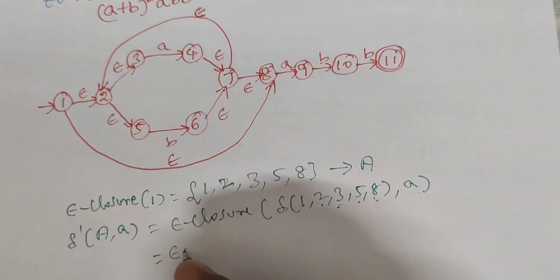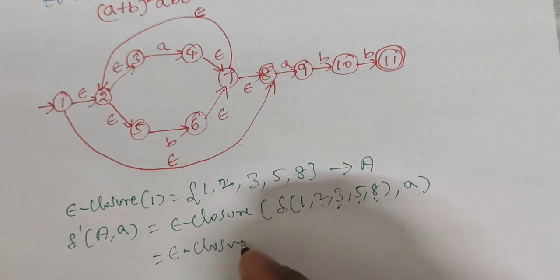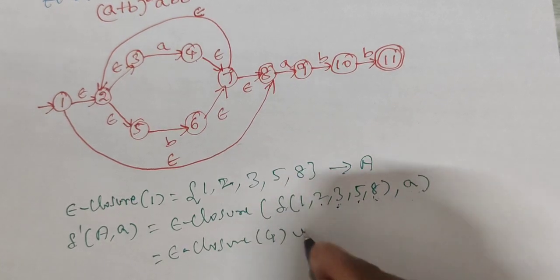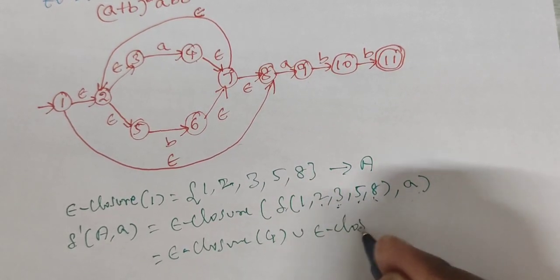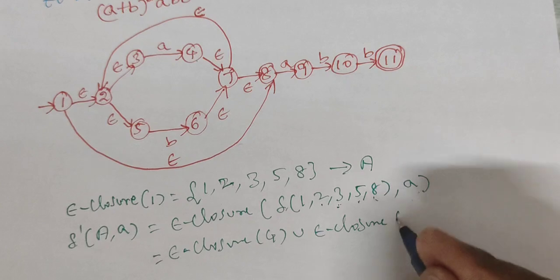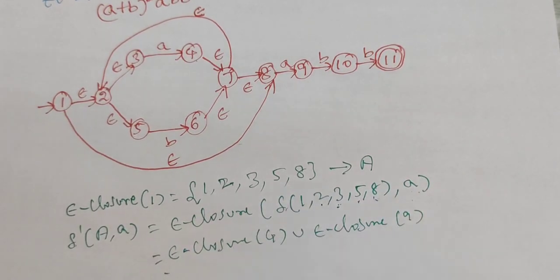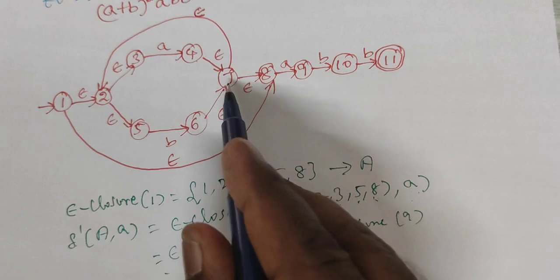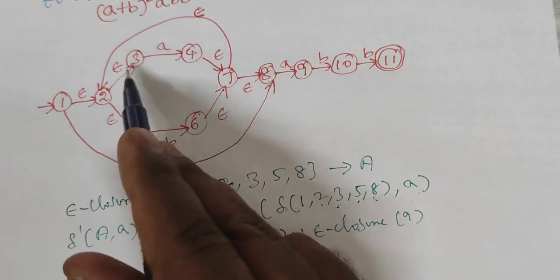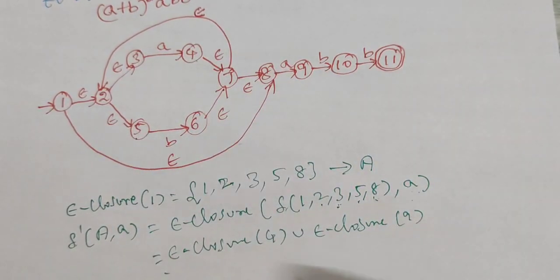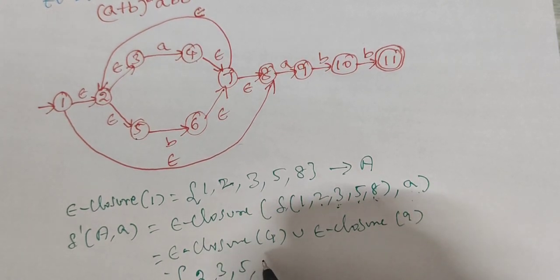So we take epsilon closure of 4 union epsilon closure of 9. Now we find the epsilon closure for 4. 4 goes to 4, 7, 8, and 7 goes to 2, 3, 5.